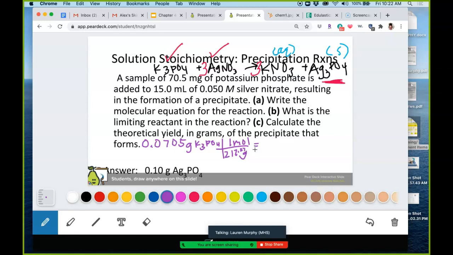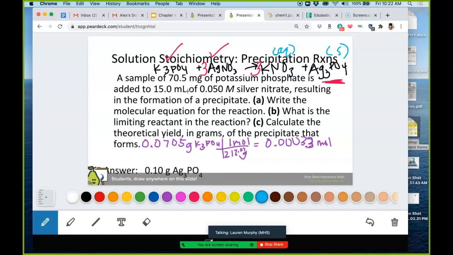So this is 0.0705 divided by 212.27, which is 0.00033-ish moles.